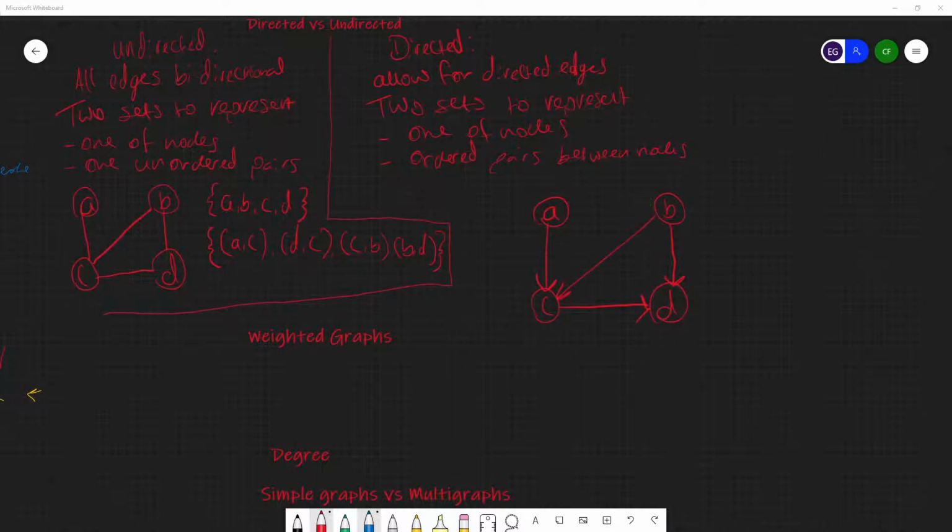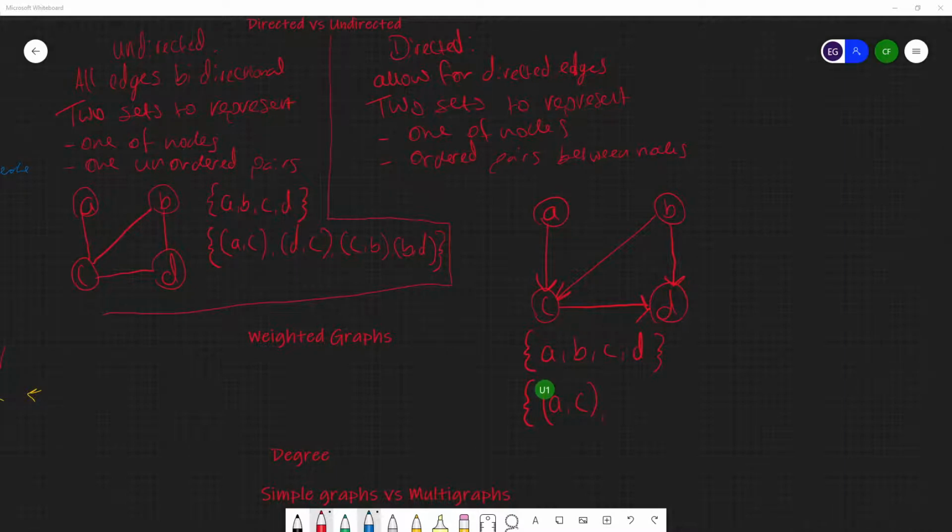Now what this means is we have two sets. We'd have the set again, A, B, C, D. And now we have the set of ordered pairs. What we mean by this is it's in the order that the arrow flows. So we'd have A to C, the first in the pair being the node you're coming from, and the next in the pair being what you're going to.